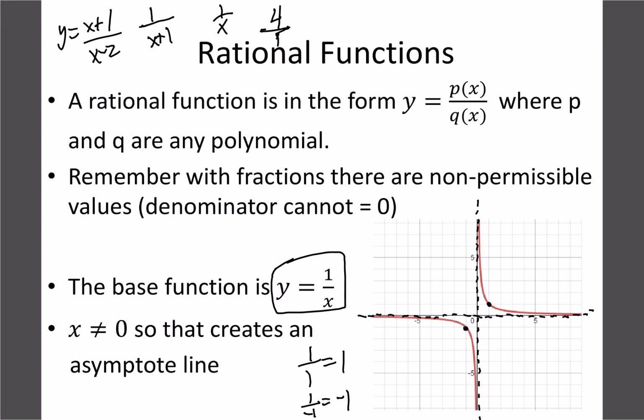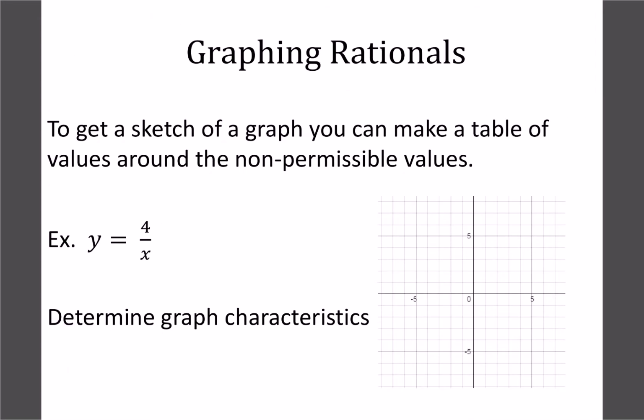So if we were to graph y equals x, we would get basically a diagonal line, and you'd see that these 1 and negative 1s are invariant points. So when we do the reciprocal of this graph, we end up getting these sort of curve shapes. So what we want to do is be able to graph this and understand how the graphs work pretty quickly.